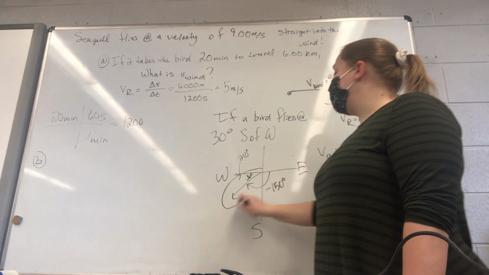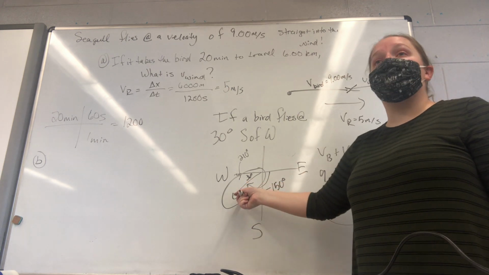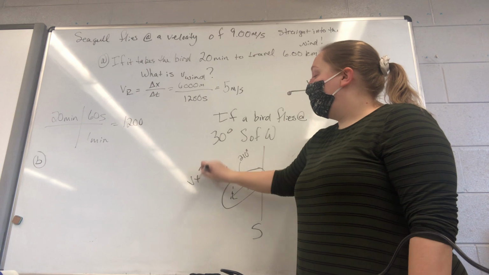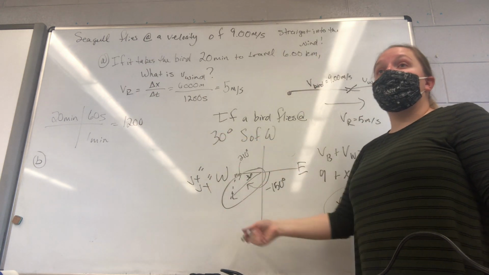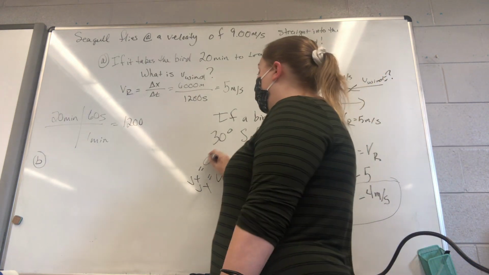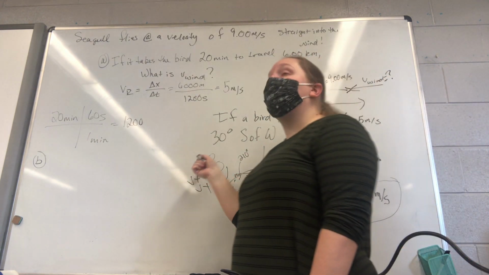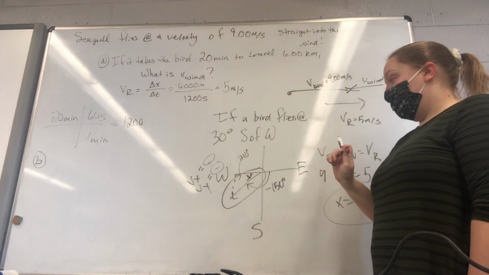If you can identify what quadrant it's in, can you tell me the sign of Vx and Vy? In the third quadrant, they should both be negative. Just make sure that the component is the right sign. Why can't you just use the 30 degrees?